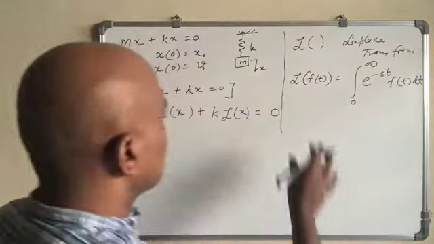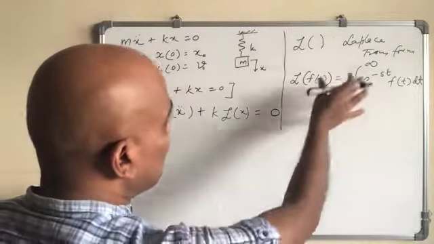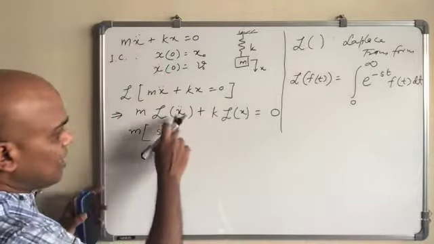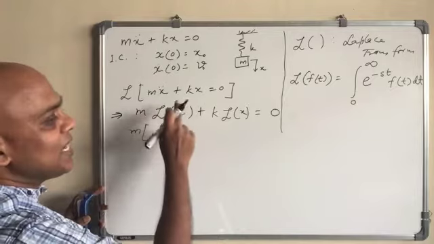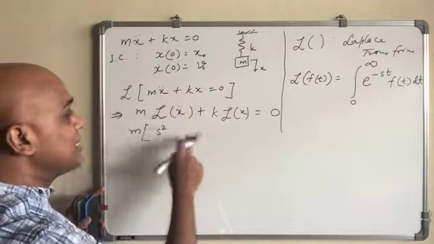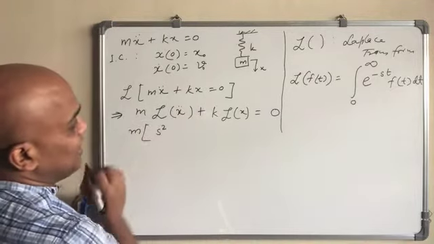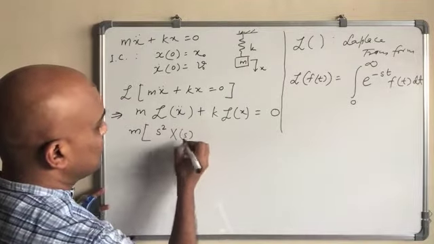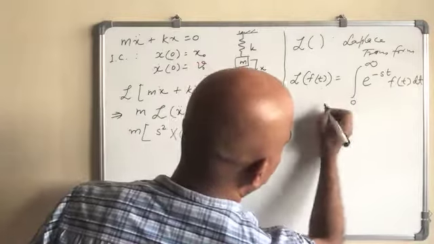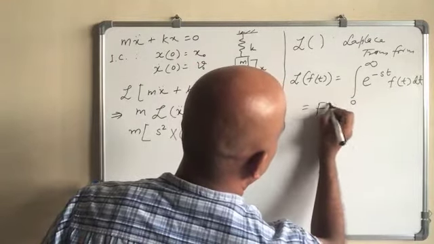So the property of this Laplace transform is, if you are taking the Laplace transform of x double dot, that is d square x over dt square, then this becomes s square X(s). You write this as F(s) basically.